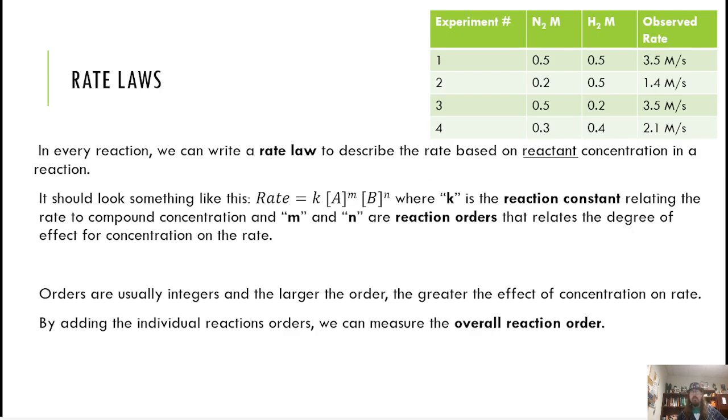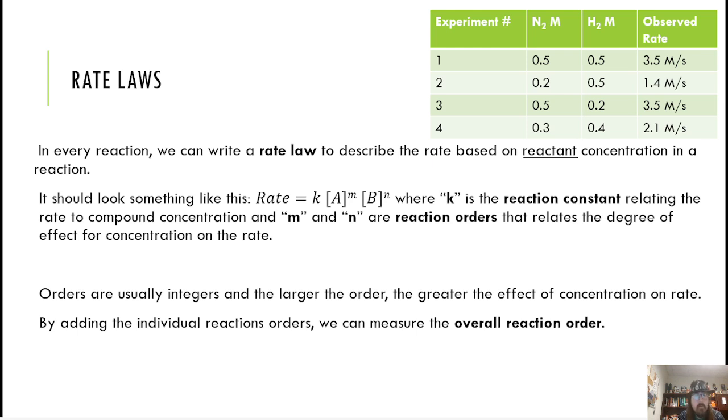But in order to understand these rates, we will work on developing what's called a rate law. Here's where kinetics can throw people for a loop. Well, here and many other places.